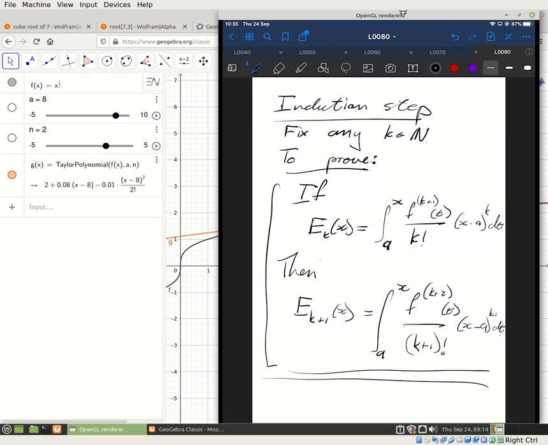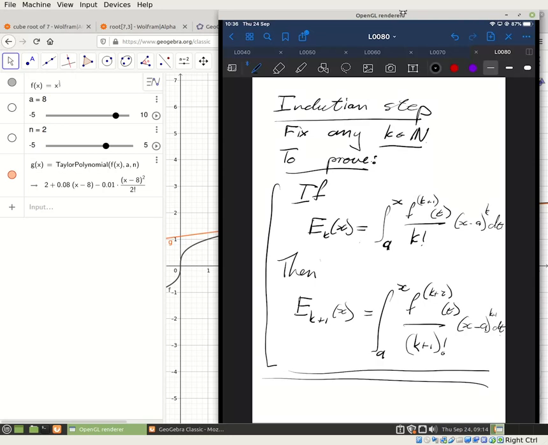Okay, so our induction step always takes the form of an implication. So what we will do is we will fix any k, and now we have to prove that if our kth statement is true, then our k plus 1th statement is true.